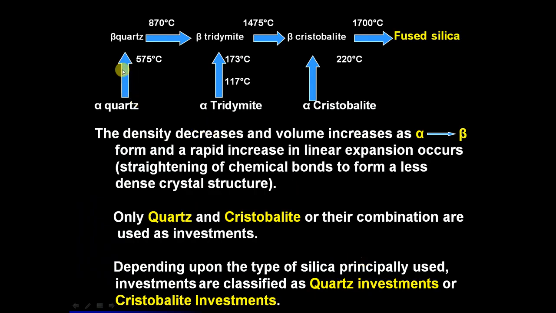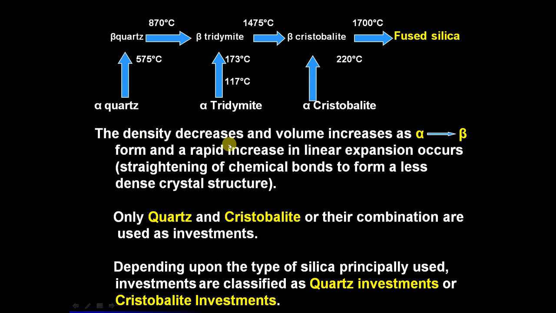So basically what happens is that beta quartz, when heated at 870 degrees Celsius, leads to the formation of beta tridymite, which when further heated at 1475 degrees Celsius leads to the formation of beta cristobalite, and when heated to about 1700 degrees Celsius forms fused silica.